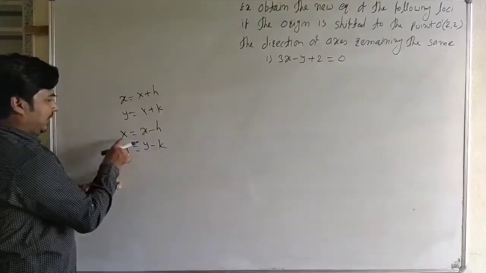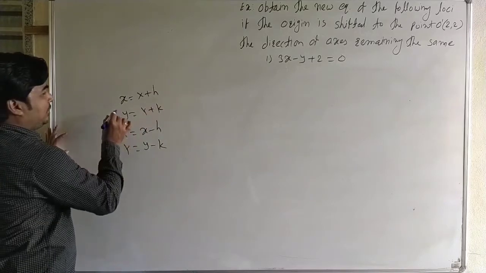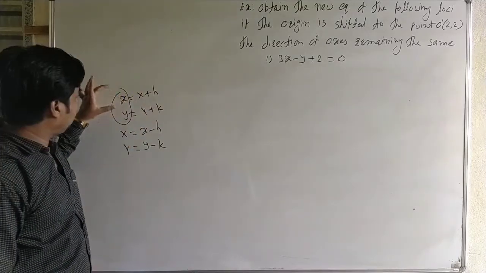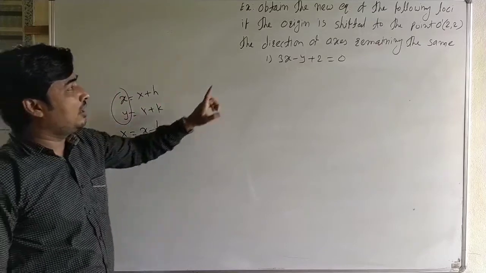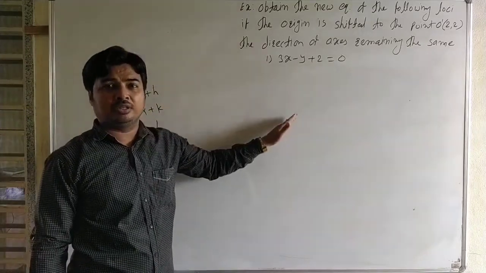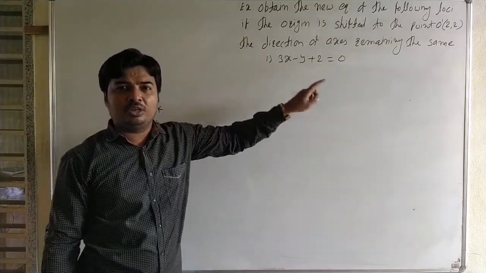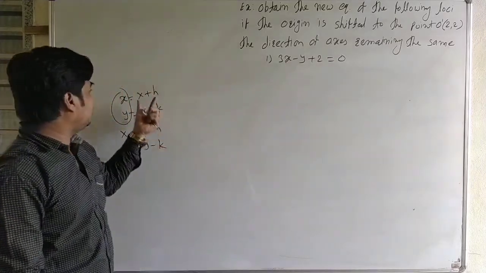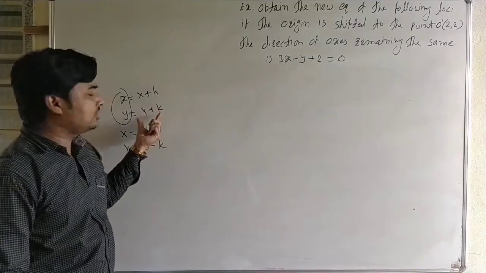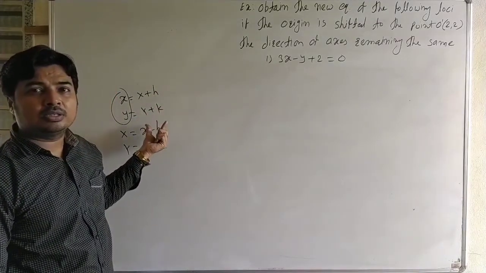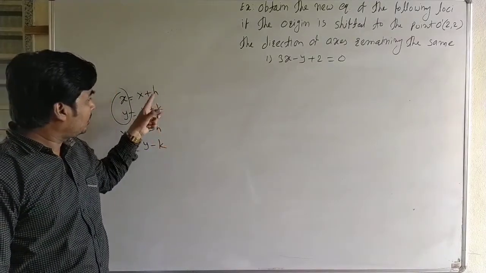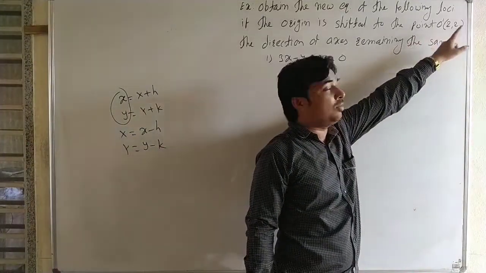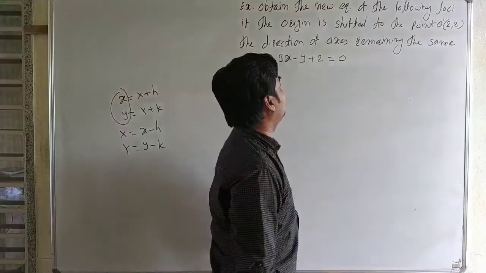The given equation is in the small x and y. We want to find the equation in the new coordinates, capital X and capital Y. Therefore x is replaced by X plus h, and y is replaced by Y plus k. Then what are the values of h and k? The shifted origin is (2, 2), so h is equal to 2 and k is also equal to 2.